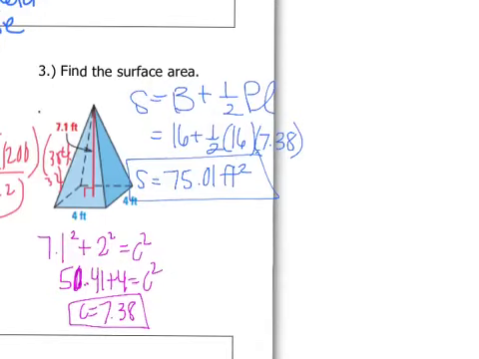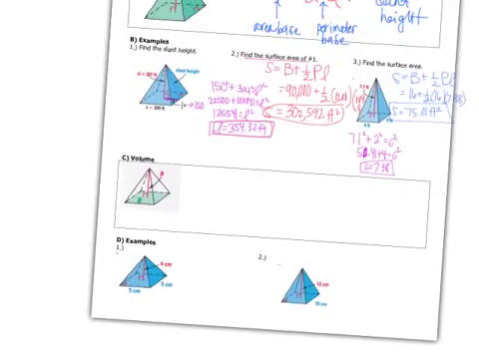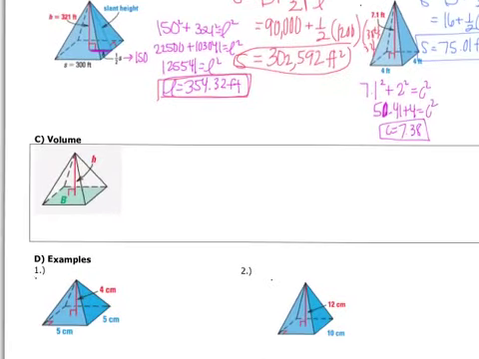Okay. Then what we're going to do is switch gears here and talk about volume. I want you to think back to Monday and recall how a cylinder and a cone related in terms of their volume. We watched that short little video about the chick pouring the water into the cylinder. How many cones did it take to fill up that cylinder? 3.